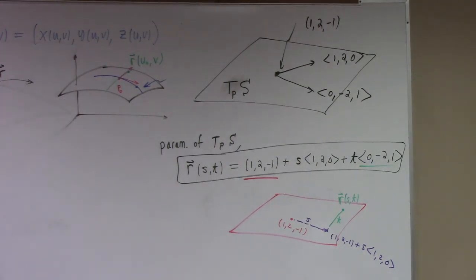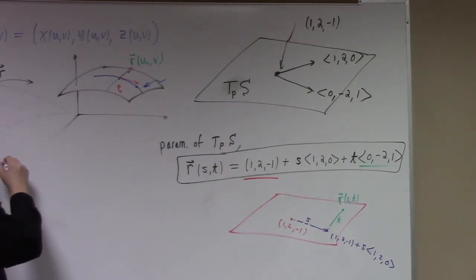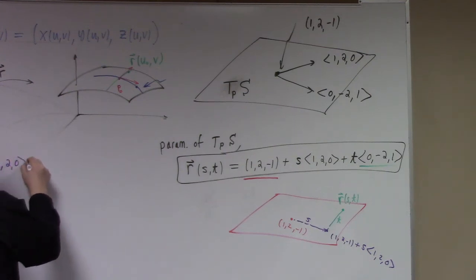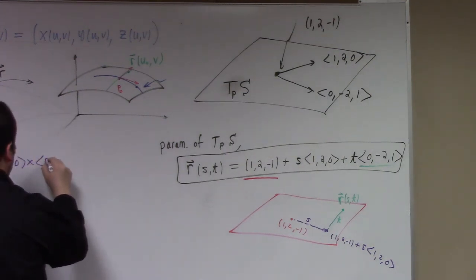So to do that, normal, we take what? We got (1, 2, 0) crossed with, what is it? (0, -2, 1).